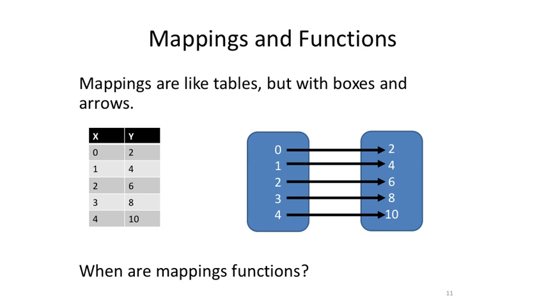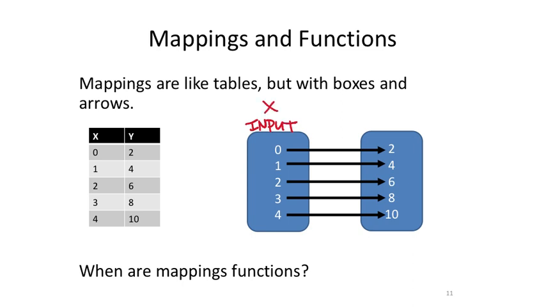All right, mappings and functions. A mapping is just a different way to show ordered pairs. Right here, you've got these ordered pairs, like 0, 2, because 0 points to 2. Whenever you get a mapping like this, the left side is the input, that's our x values.